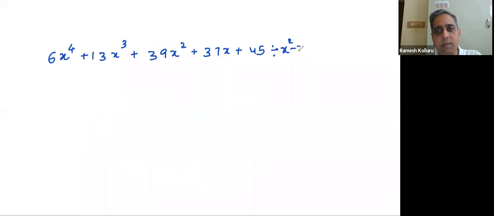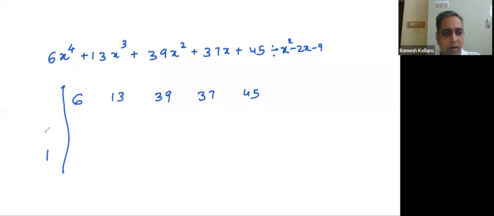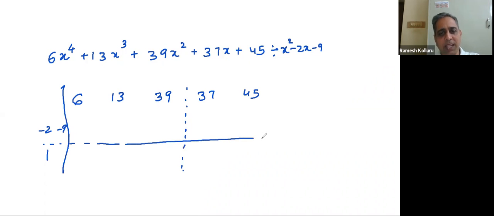So when I'm dividing this, 6, 13, 39, 37, 45 and 1, minus 2, minus 9. So either you can change the signs here also or inside also, whichever way is convenient for you, it hardly matters. Somewhere you have to change it, right? So you can take 6.